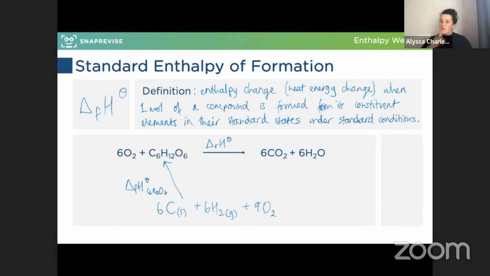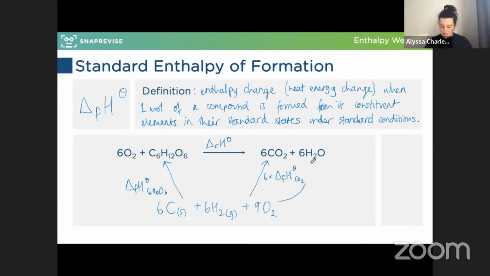C6H12O6. On the other side, what am I forming? The compounds I'm forming are carbon dioxide and water. But again, look back at that definition. The definition is the formation of 1 mole. I'm actually forming 6 moles of carbon dioxide, so I've got 6 lots of the formation of carbon dioxide.